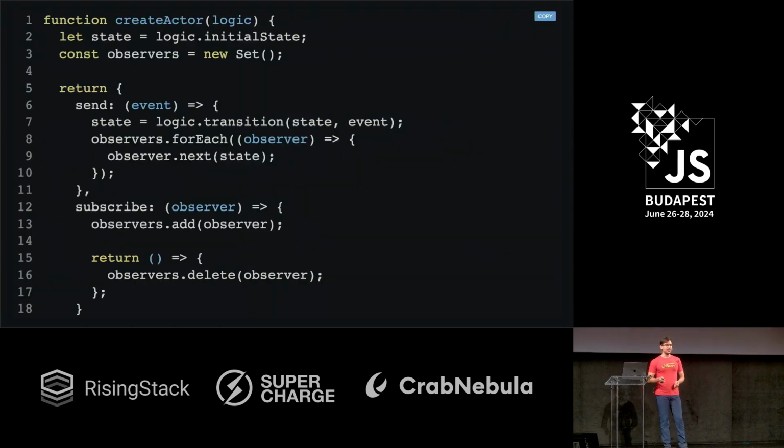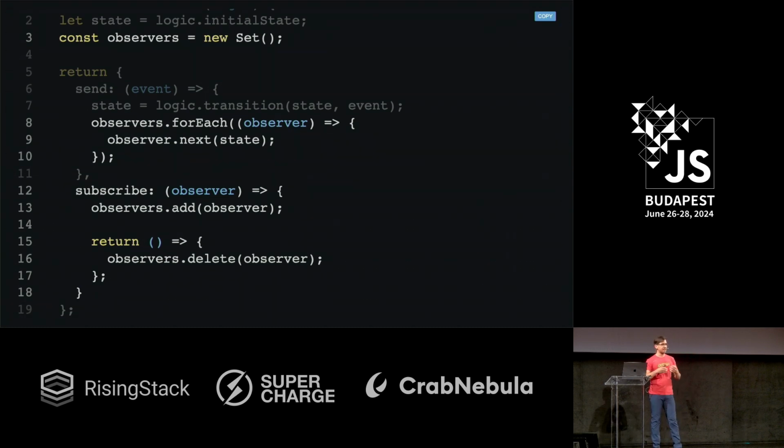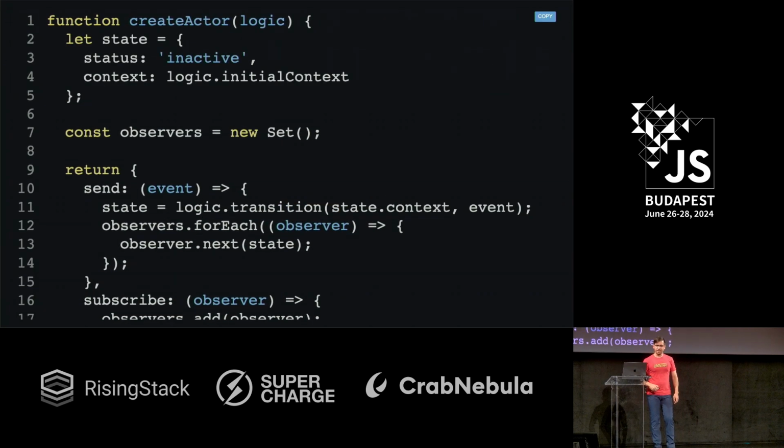With subscriptions, it's not as complicated as it may seem. You need to set up a set of observers, and subscribing needs to be a way to register the observer to add them. And then, of course, you need a way to unsubscribe or delete that observer. Whenever you have a state update, you're giving the observers the ability to observe that state update.